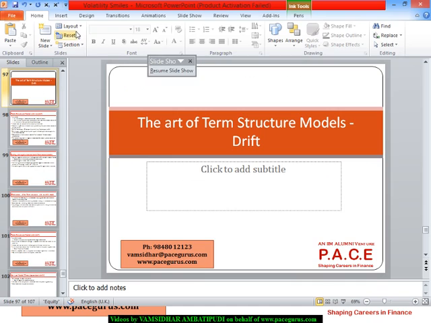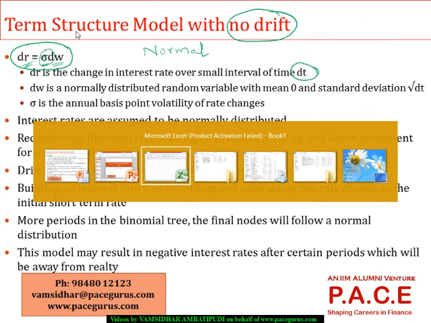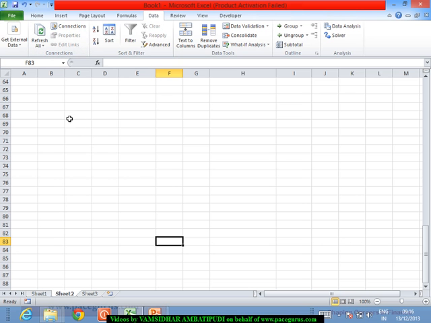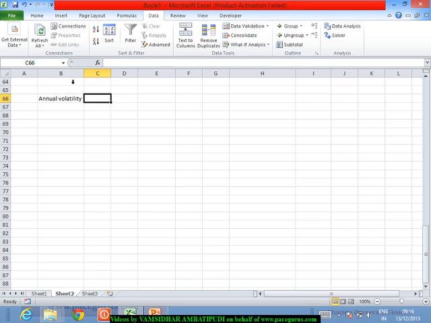Let me take an example. Let's say the annual volatility is 100 basis points, which is 1%.